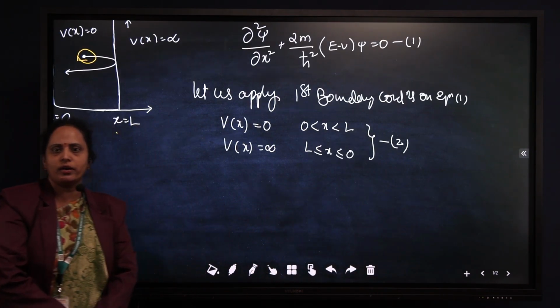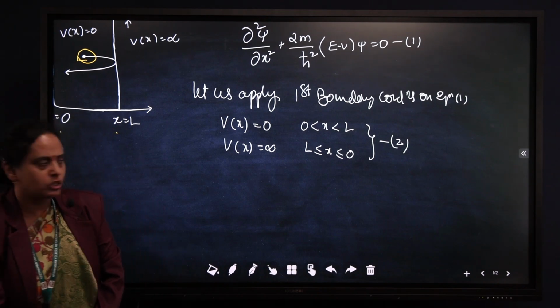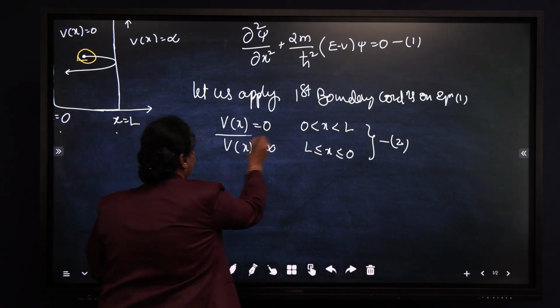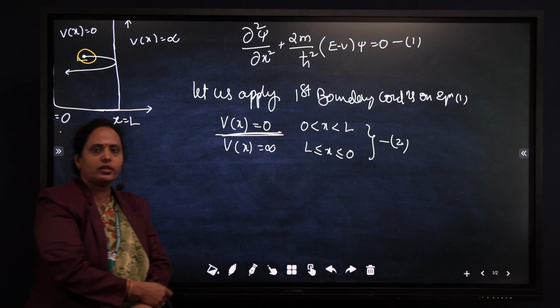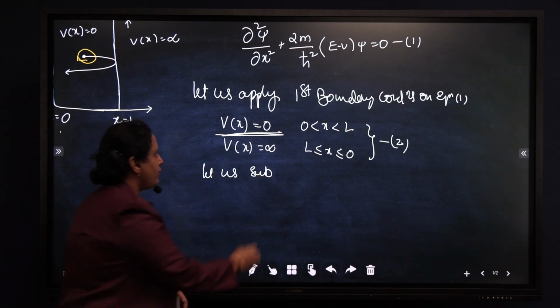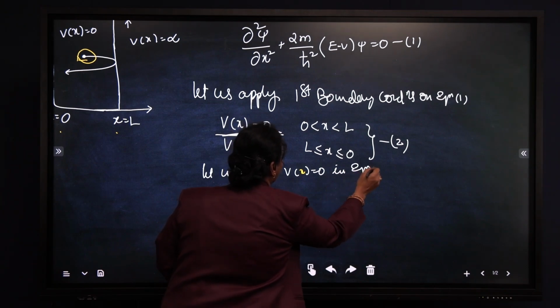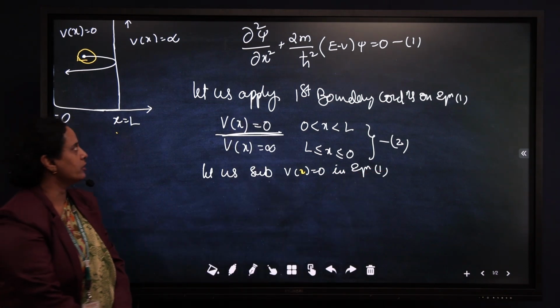Now we are not interested in outside the box, so let us consider only inside the box. For that reason, I am considering the first condition, that is V of x equals 0. Let us substitute V of x equals 0 in equation 1, the Schrodinger wave equation.